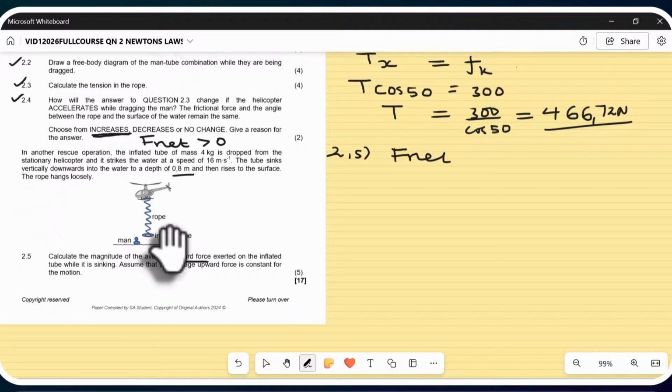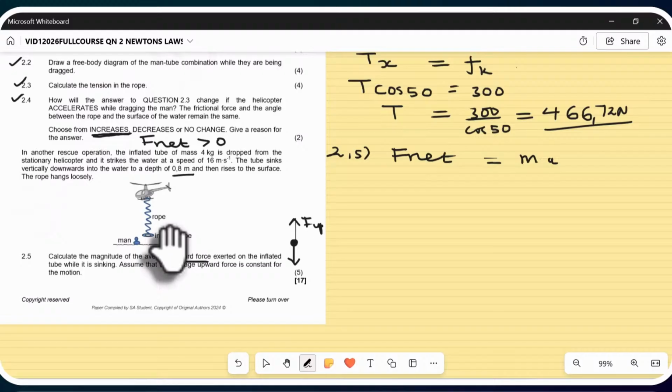Now although it's going down, it is being pushed upwards by the average upward force, which I'm going to call F up. So our FG, you see it is acting downwards. So our FG minus the upward force, F up, equals to ma.